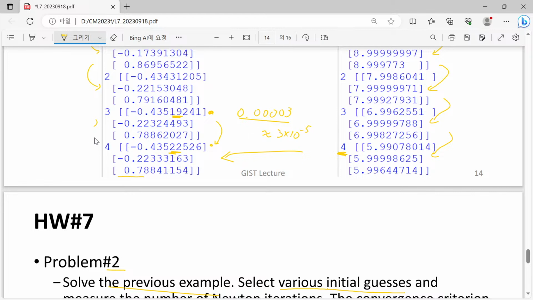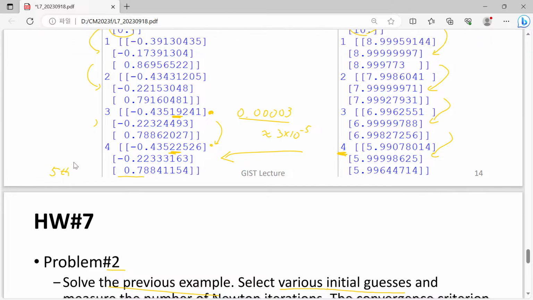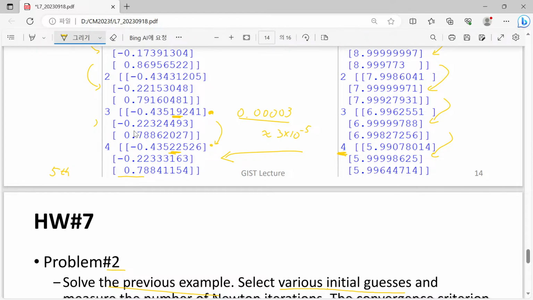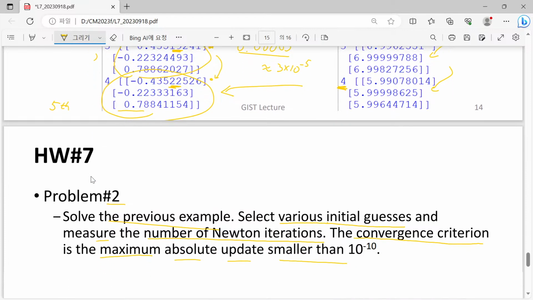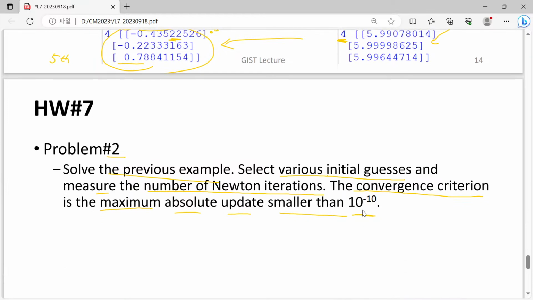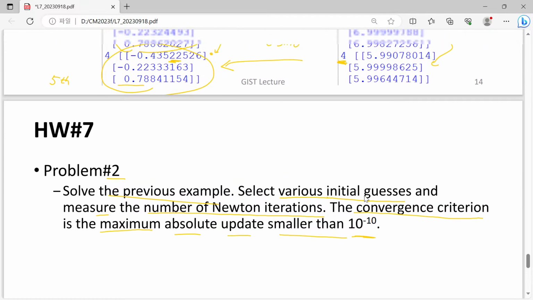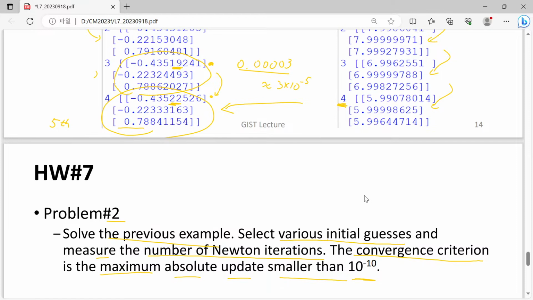But you can expect that at the fifth one the difference will be much smaller, and the sixth one much smaller. So please stop your iterations when the difference between your unknown variables is smaller than 10 to the minus 10, which is quite small because our solution is more or less 0.7, 0.2, 0.4. So 10 to the minus 10 means quite acceptable quality as a numerical solution.